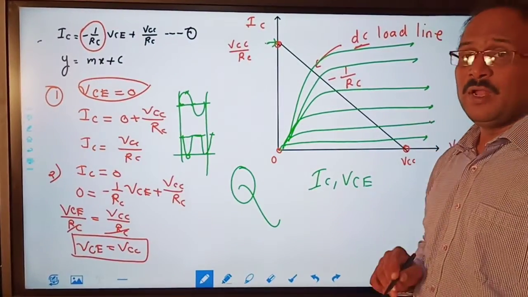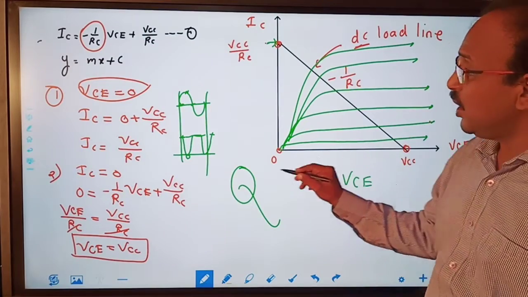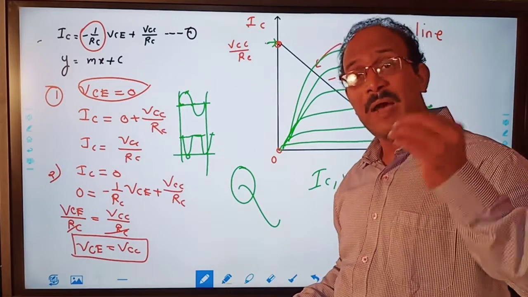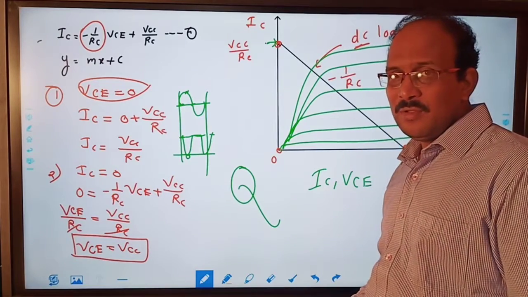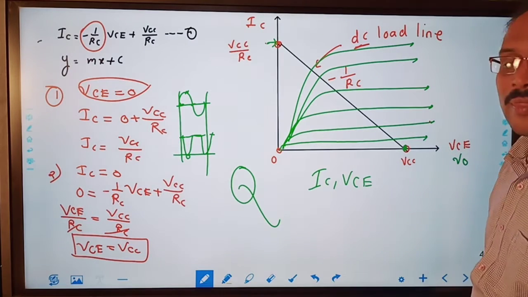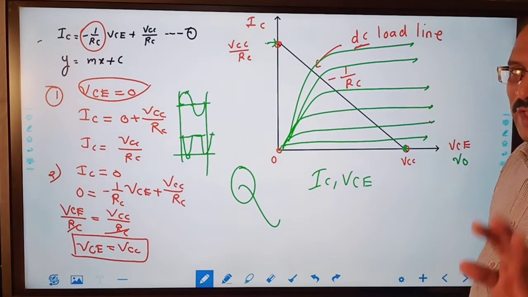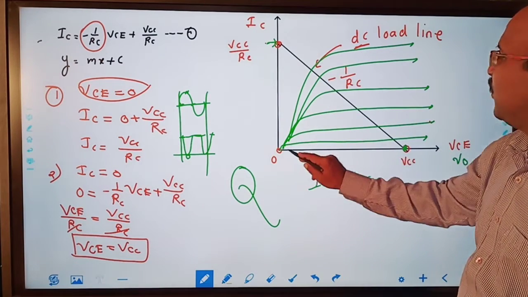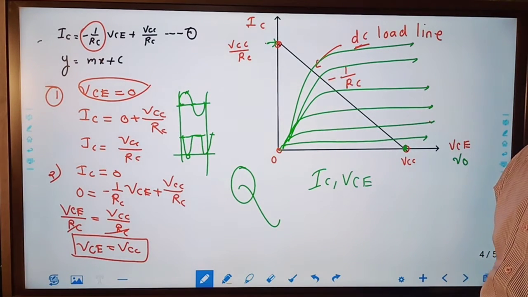What will happen? If we don't apply a biasing voltage, then the operating point will be here. How? If there is no biasing voltage, when input is 0, IC is 0, and VC will be maximum. Okay?